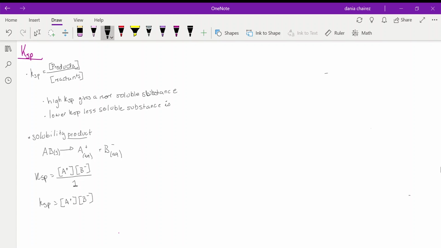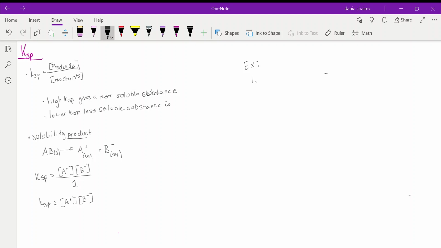That's weird saying product twice, but it just ends up being a multiplication. So therefore your K is a product and not a quotient, as opposed to other times where you actually would divide it. So we can do some examples of writing KSPs so that you guys get what I mean by it's just a product.